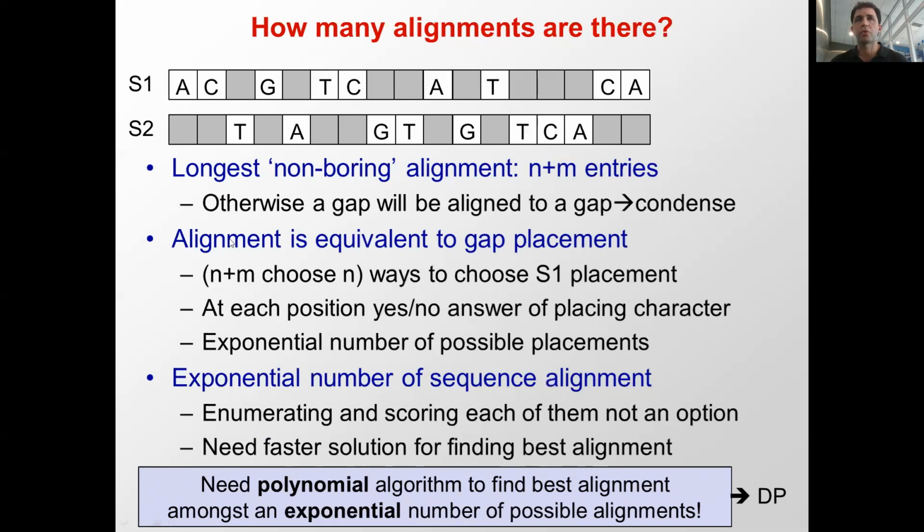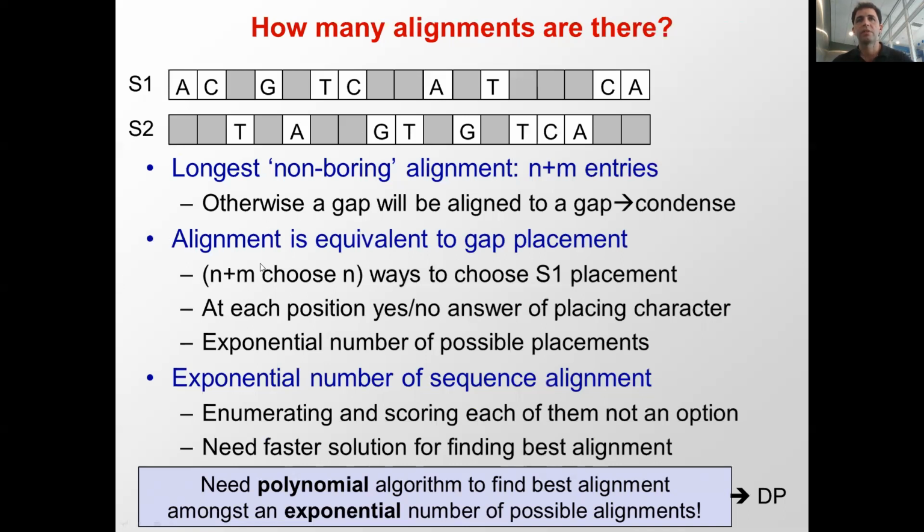So therefore, if you think about it this way, alignment is equivalent to a problem of gap placement, where you're placing the gaps in each of the sequences in a way that maximizes the number of characters that are aligned to identical characters across the different sequences.